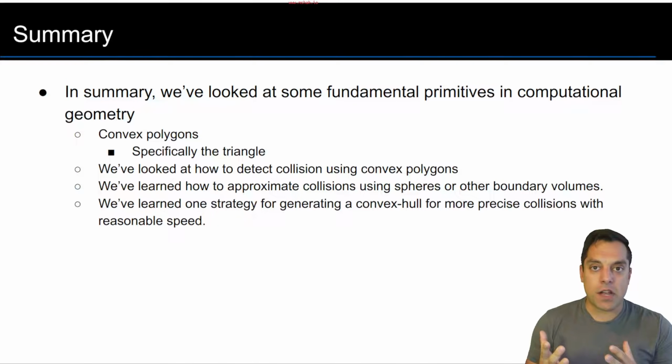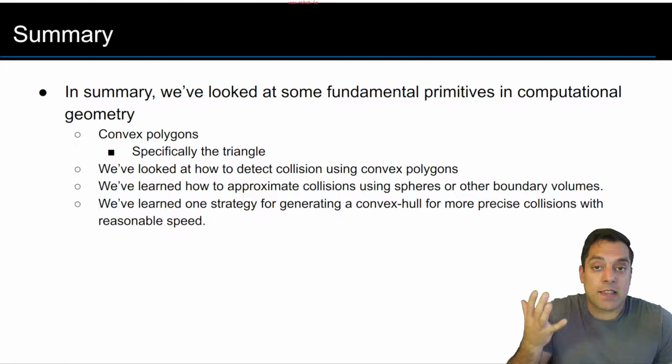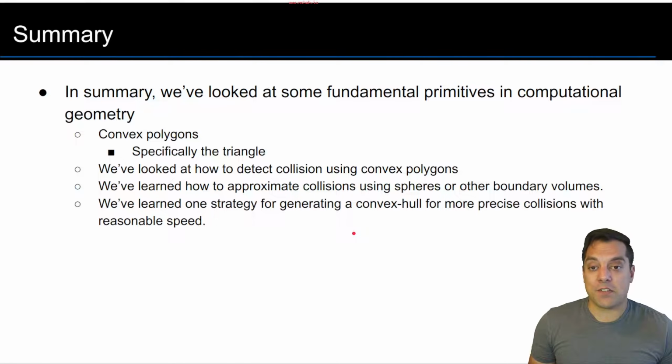Hopefully just giving you this introduction to computational geometry is something that you can be excited about, know some of the algorithms, where to search next, and understand the importance of some of the primitives that we would use, convex polygons, specifically triangles, to solve problems, and why it's important to go back to that math that you learned maybe in high school or middle school, and how you can actually apply it to solve some of the problems, and why we paid such attention to formalizing certain properties of these objects. They end up being useful when it comes to computation. So I think that's a very exciting thing about computational geometry itself.